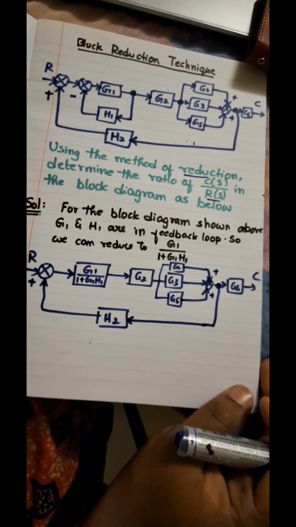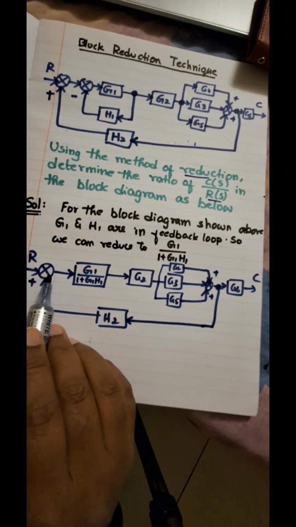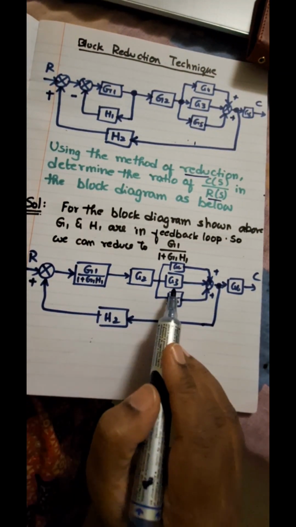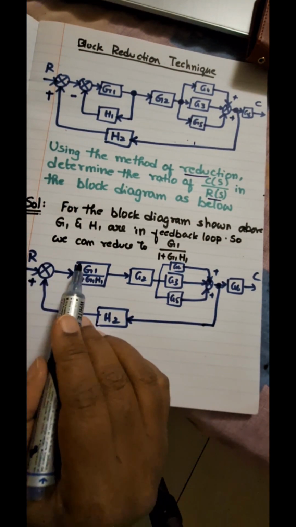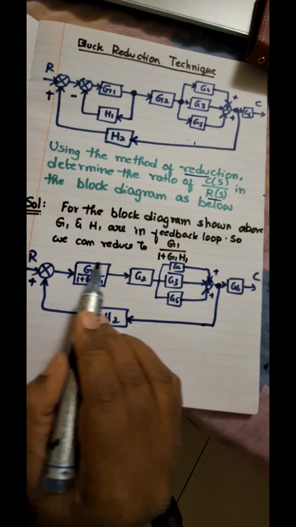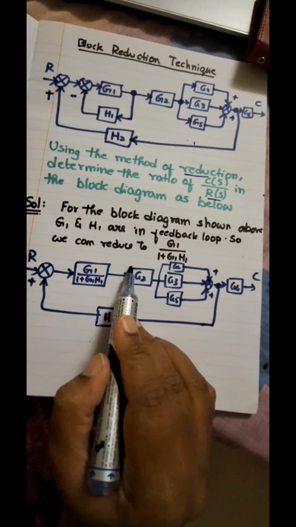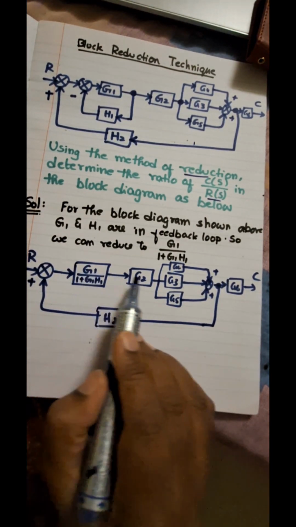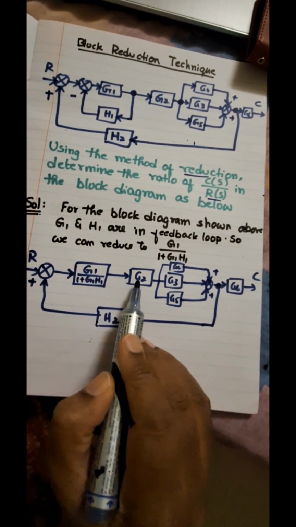Fine. Now, again let's start from here. If you start from here, you can see this is going back here, but these three should be solved first. So you can see next, this block is in series to this block. It means these two are in series. When two blocks are in series, we can multiply them.